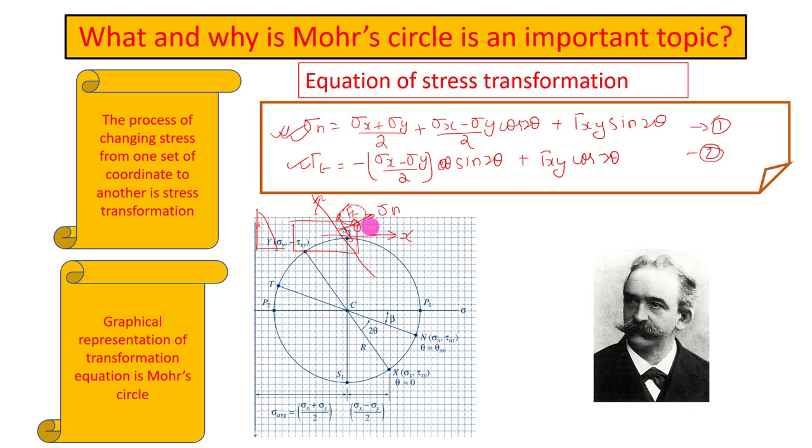He gave the representation for this sigma and tau t in a graphical format, and when he derived those things and represented them on a graph, he found that these equations can be represented as a circle.